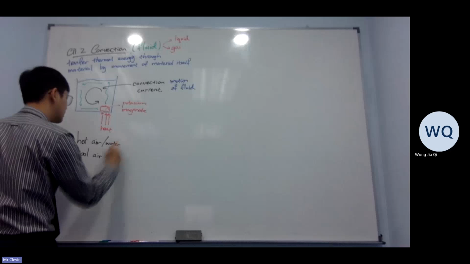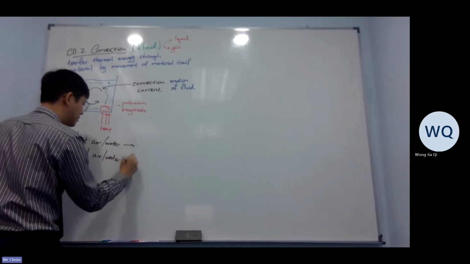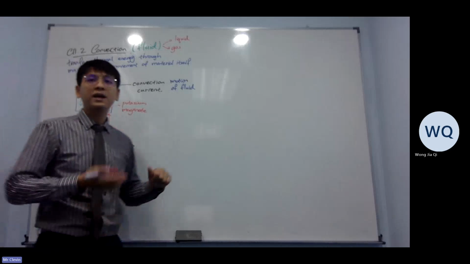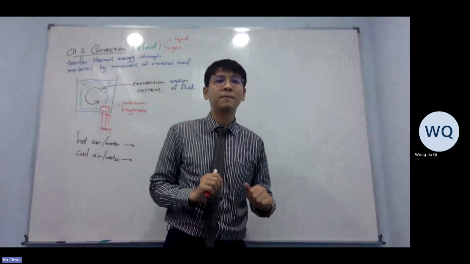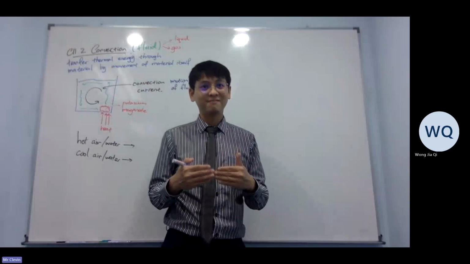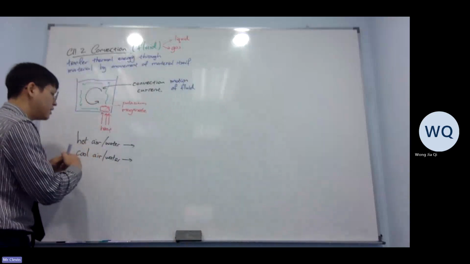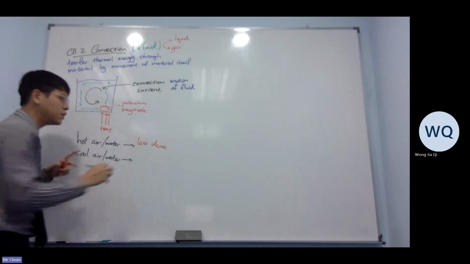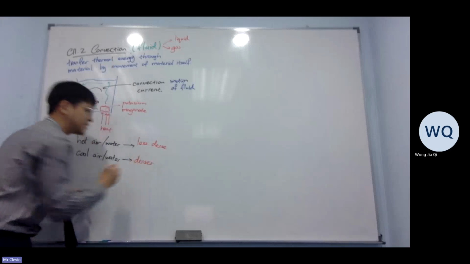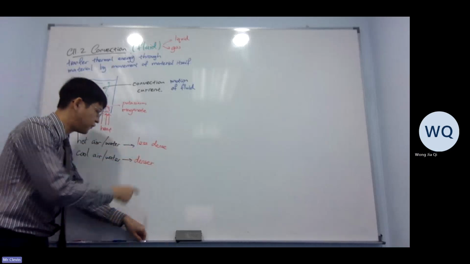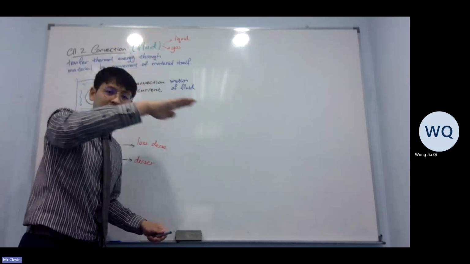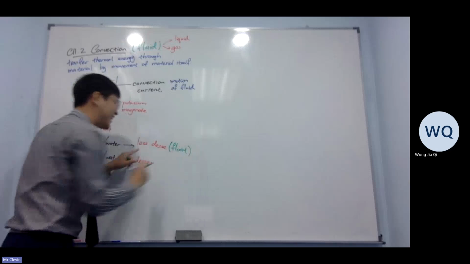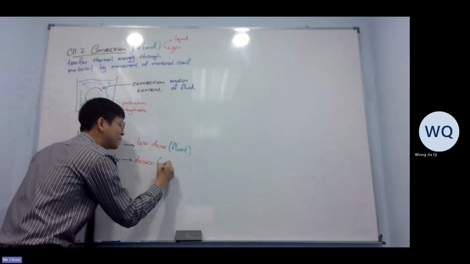We know that anything that is hot, is it less dense or denser? Yes. Anything that is hot is always less dense. Anything that is cool is always denser. Logically, if it is less dense, does it float or sink? Yes. Anything less dense will float. Anything denser will sink.